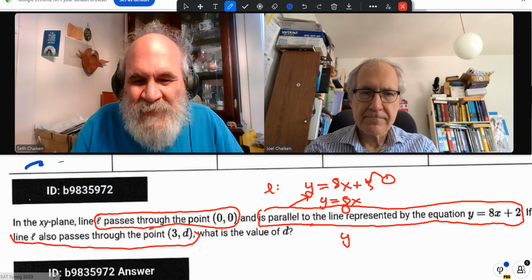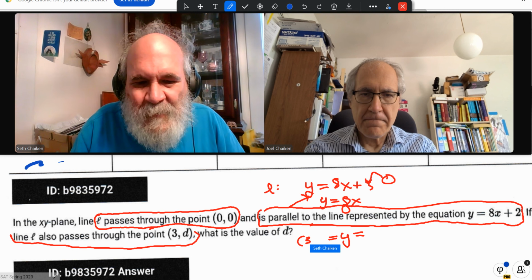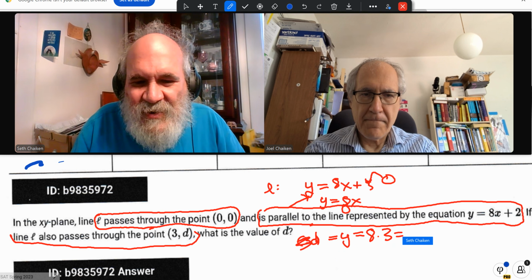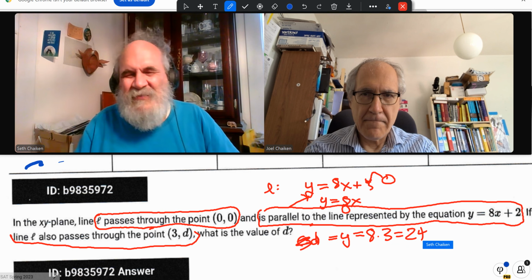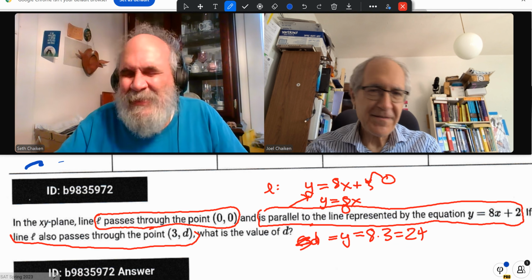So you just write in y, the y coordinate for the point with coordinates 3, D. The y coordinate, this is D, is 8 times 3, which some of us have learned is 24. And that's the answer.